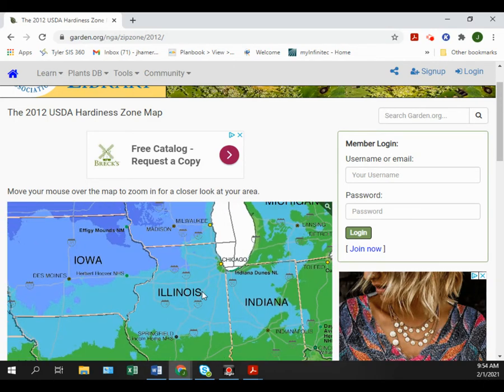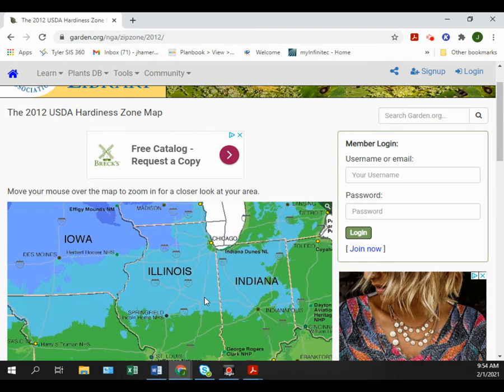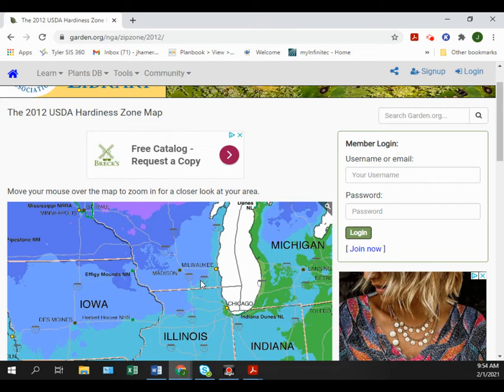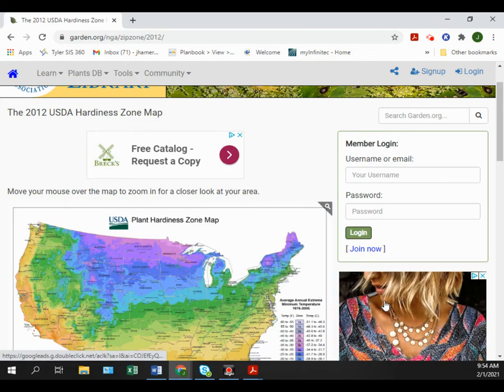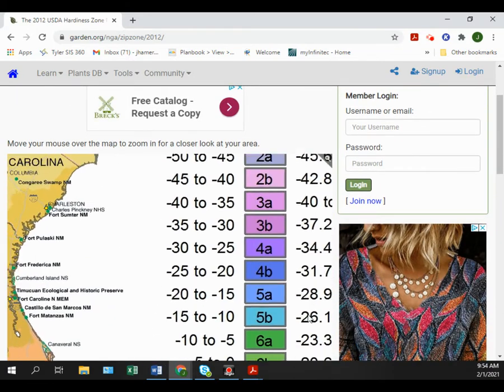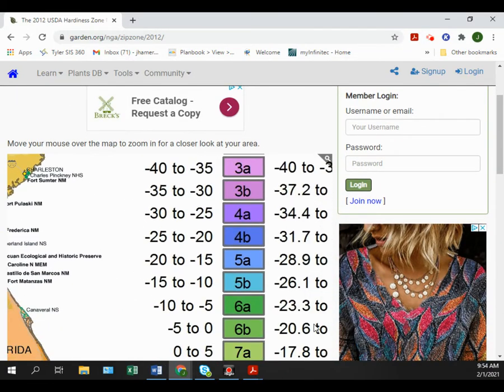So if you look at us here in Illinois, we've got green, light blue, and that medium blue. Up where we were was kind of light blue and that medium blue.